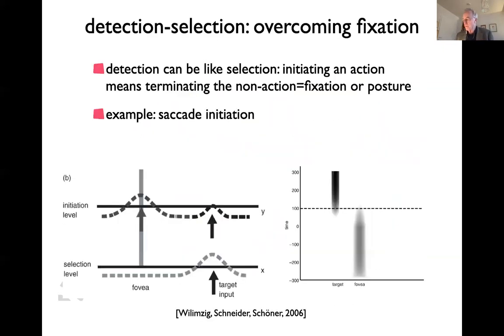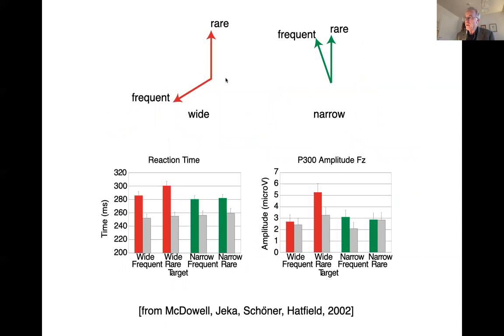So here's the experimental paradigm. It's a similar setup with the center target and then going out to some other targets. You had a wide condition where the one target was magically far from the other, and a narrow condition where they were close, and always one of those targets showed up only about every 10th trial, and the other was frequent, 9 out of 10, and it could be magically close or not.